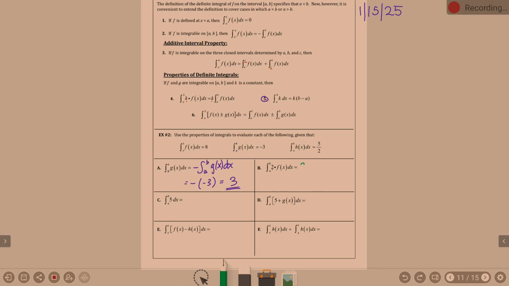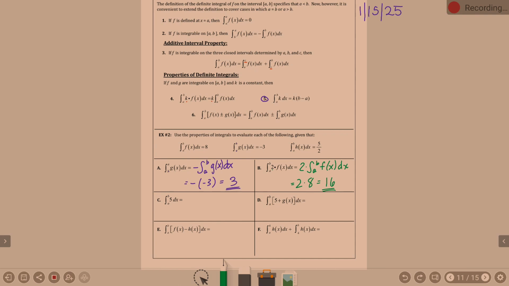And so this can be officially rewritten as 2 times the integral from a to b of f of x dx. And so now you've got 2 times 8, which is 16. I'm writing it out so you can see what property is happening here. But on the flip side, when you tell me 16, I think you have an idea of what you're doing too.